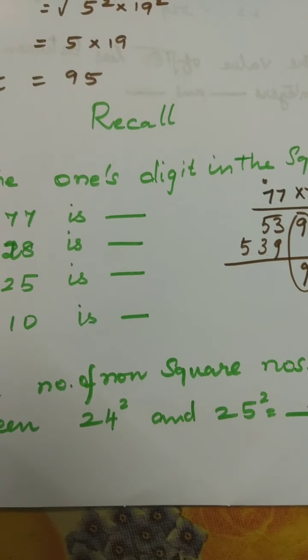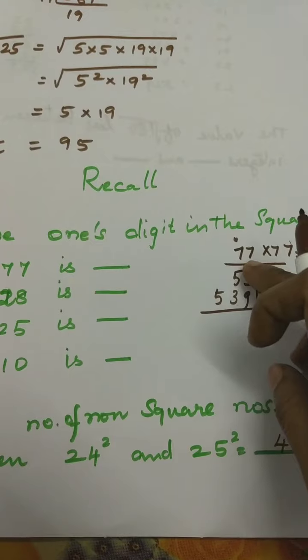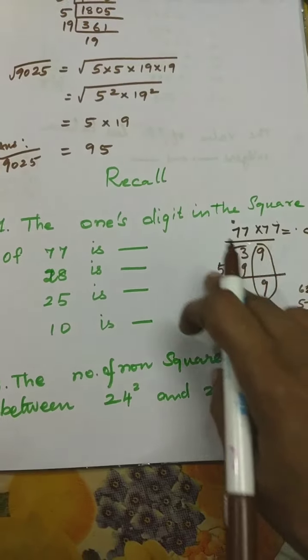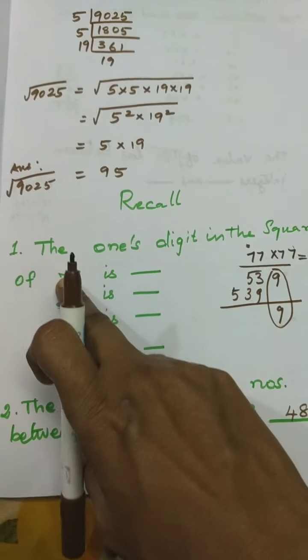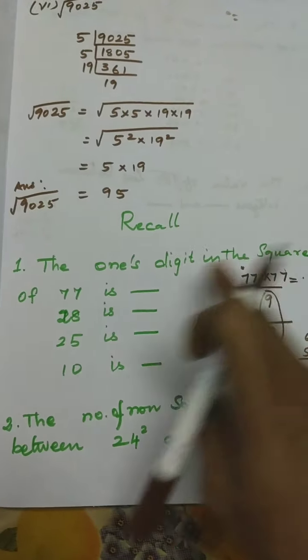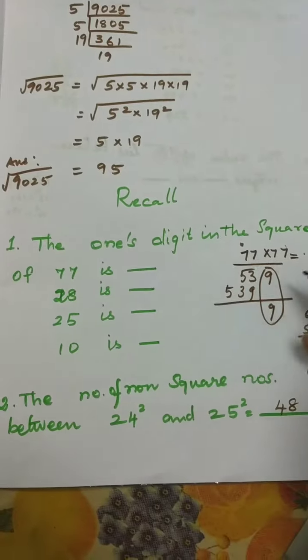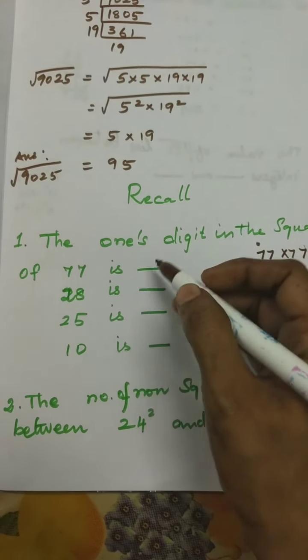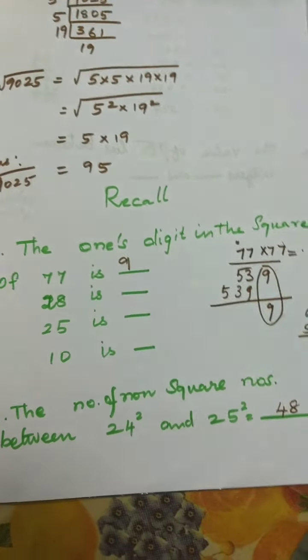Have you understood? That is the units place or ones place. So without doing all this, we can say the ones digit in the square of 77: 7 sevens are 49, so 9 is the ones digit.